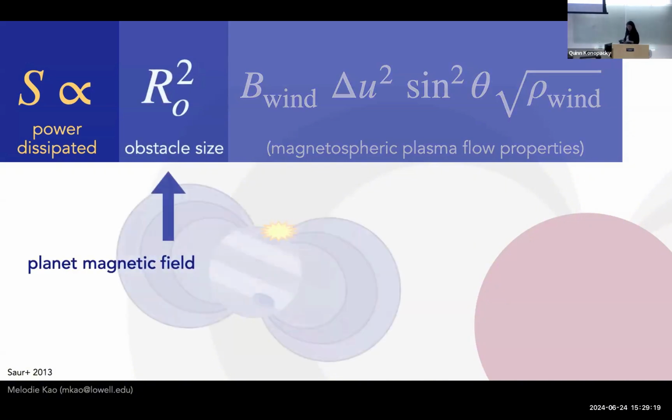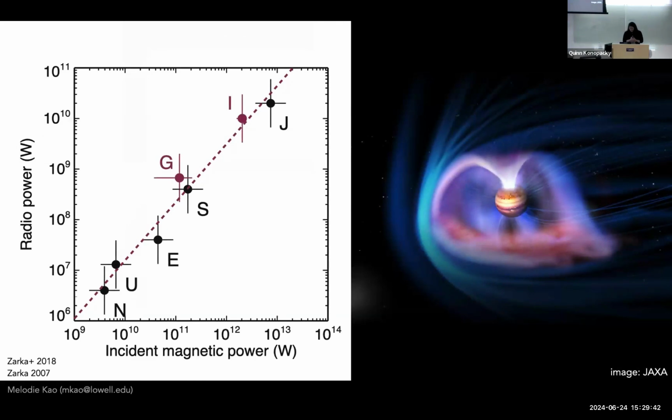Now, this obstacle size folds in information about planetary magnetic fields, because you can imagine that a magnetized planet may appear bigger because of its magnetopause or its magnetosphere than an unmagnetized planet, which will not look bigger than its actual radius. And so these two ingredients make hot Jupiters potentially very interesting targets.